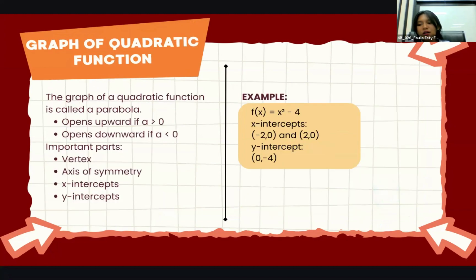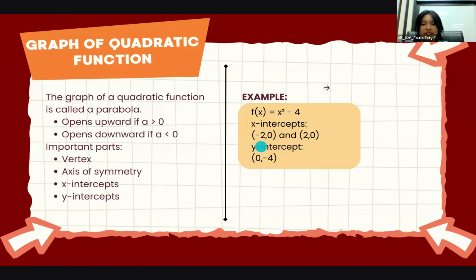The graph of a quadratic function is called a parabola. If a is greater than 0, the parabola opens upward. If a is less than 0, the parabola opens downward. Now, important parts are vertex, axis of symmetry, x-intercepts, and y-intercepts.